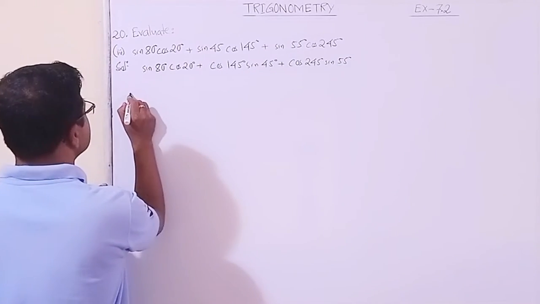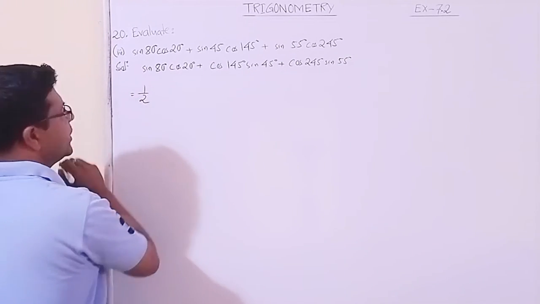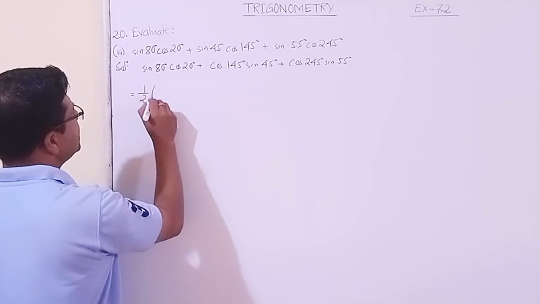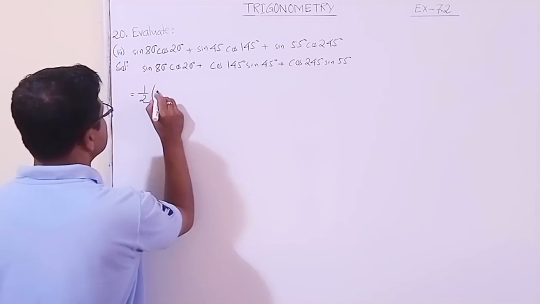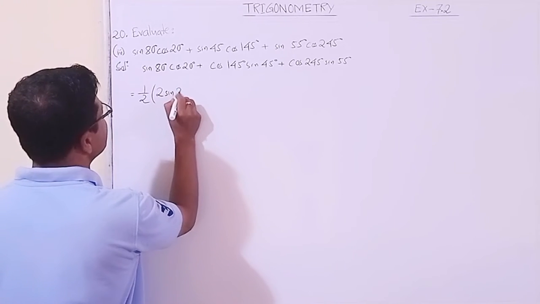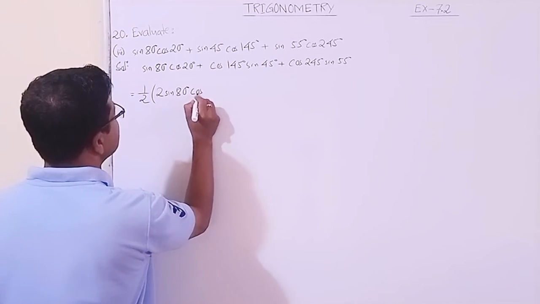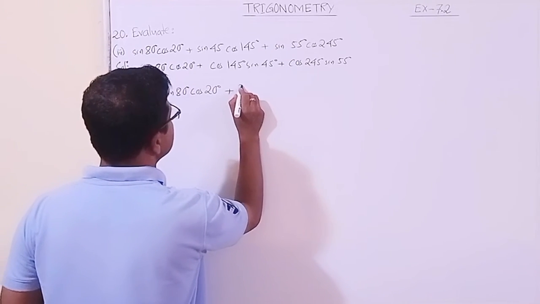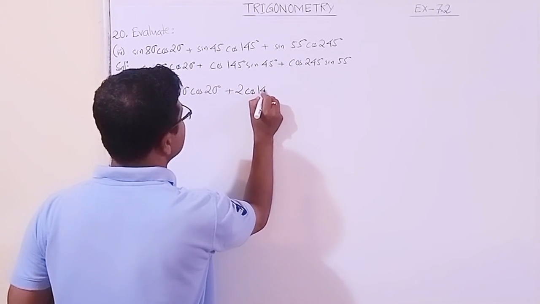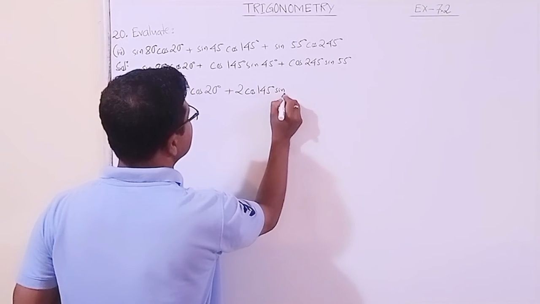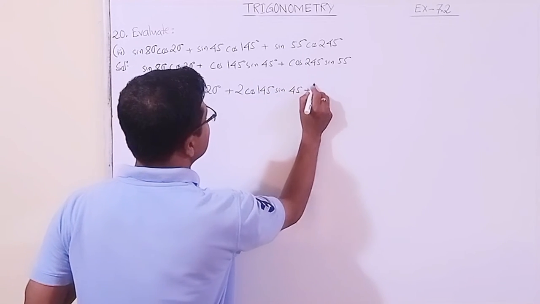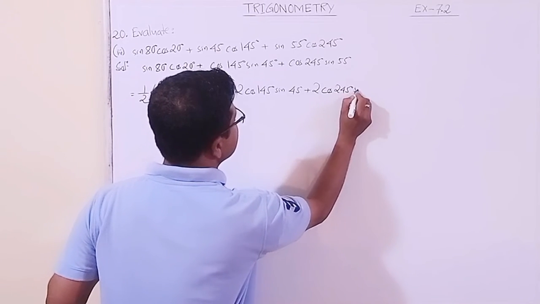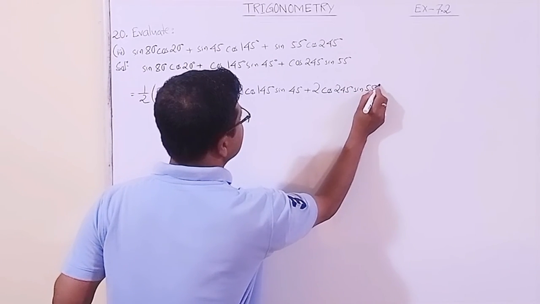What we will do, we shall divide by 2 or we shall multiply by half, so that we can multiply each term with 2. Why we will multiply? There is a reason, I will tell you. With each term we are multiplying by 2. Twice cos 145 degree sine of 45 degree, twice cos 245 degree sine of 55 degree.